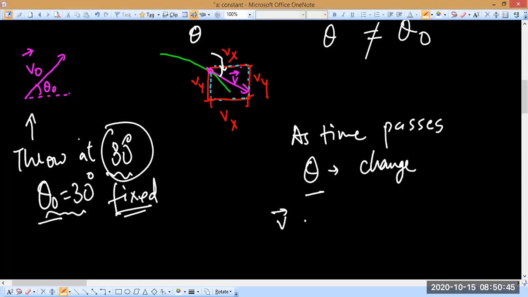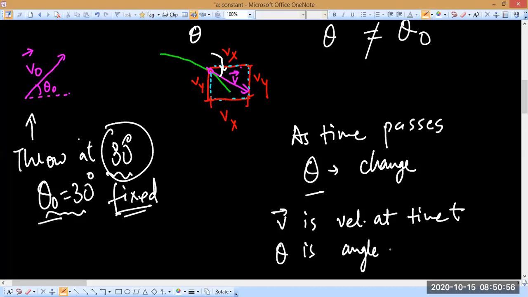The v vector is the velocity at time t. All right, and theta is the angle of velocity at time t, right?